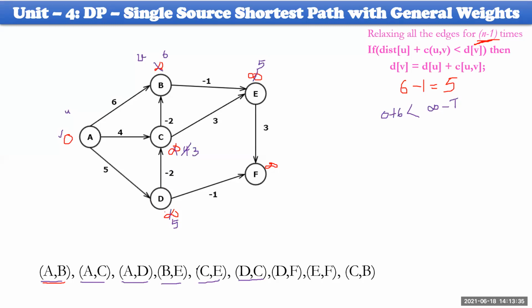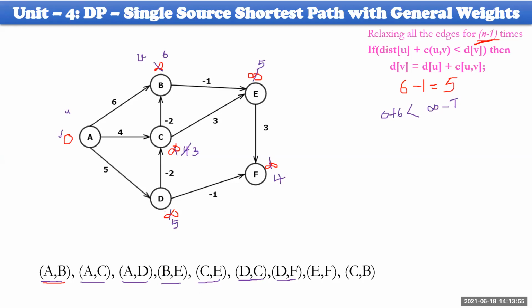That is 3, since 5 minus 2 equals 3. And the next, D comma F. The distance of D is 5, and the cost of D to F is minus 1. That is 5 minus 1, that is 4. 4 is less than infinity. Yes, it is true. So we modify it as 4.